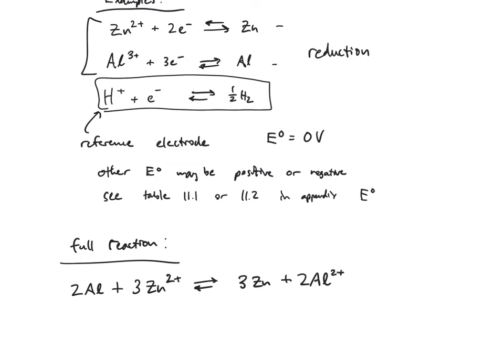And I drew it in this particular order on purpose because it turns out that the total E for this reaction is positive. And by convention, we have to always write a reaction such that E is positive or greater than 0. And I'm going to show you how to do that in future slides.